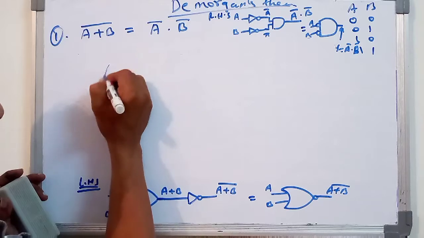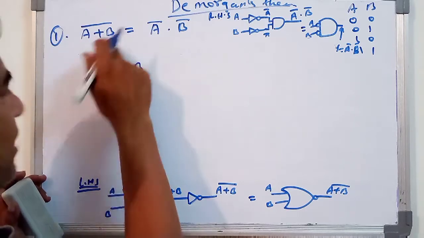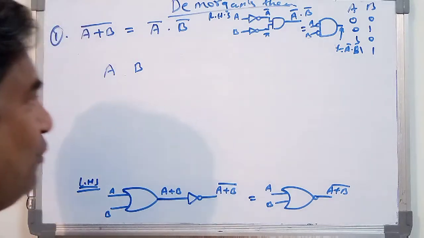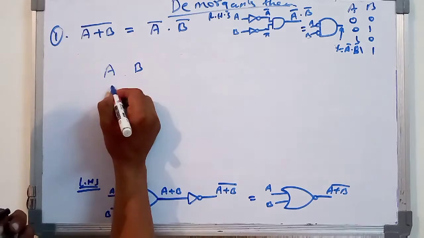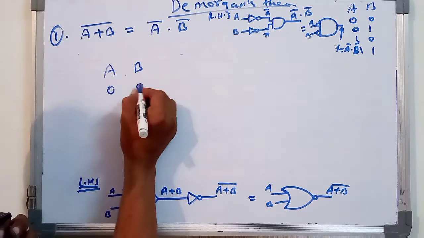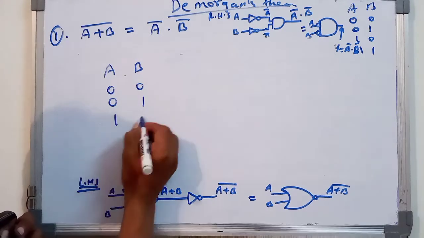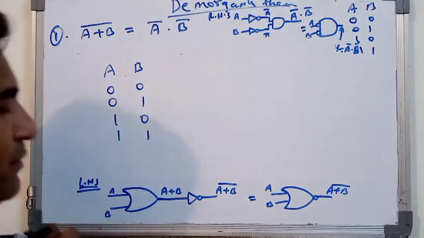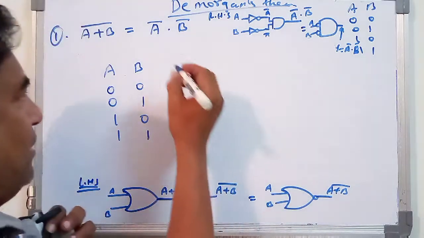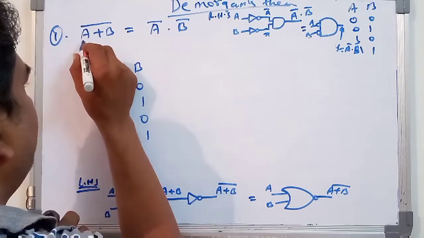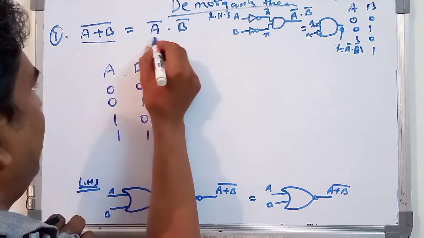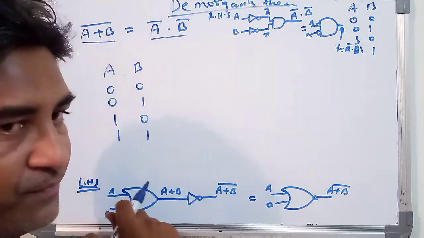Consider A and B, because there are two variables. So A and B are to be considered as 0 0, 0 1, 1 0 and 1 1. Okay students, now what you have to do is first form the left hand side and then write down the right hand side.